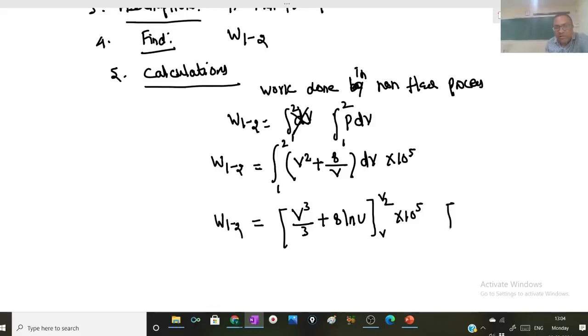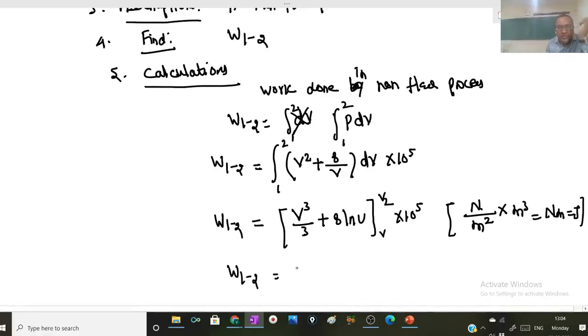Now one more thing you can take care of, calculation of units. I am taking the unit of pressure in Newton per meter square, unit of volume in meter cube. So this will become Newton meter, nothing but joule. So W12. Now put the values of V2 and V1.